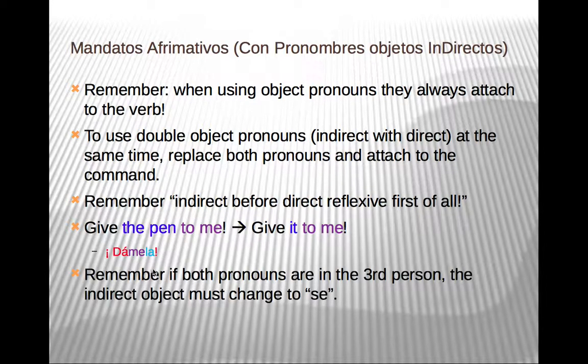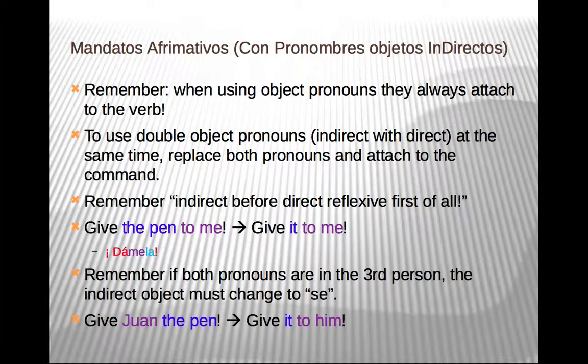Okay. And this little rule from last year, remember when we had both pronouns in that third person? We don't want to say lela or leslos because there are too many L's. It sounds funny. So the indirect has to change to the se. This is basically Spanish 2 stuff getting combined with Spanish 3 stuff.